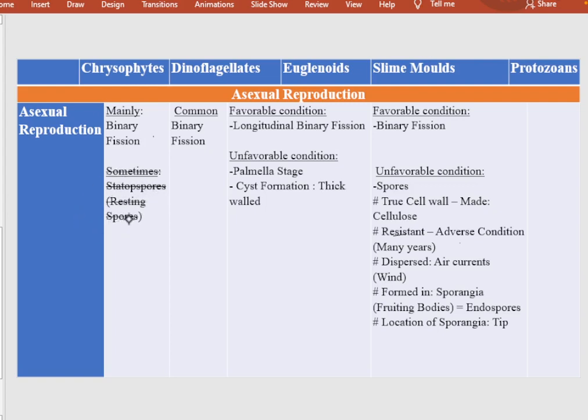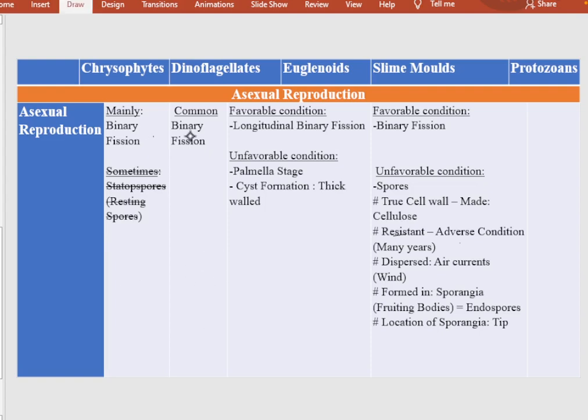Unfavorable condition will come, spores. Favorable condition, binary fission, like bacteria only. Dinoflagellates also binary fission. Euglena is longitudinal binary fission, heart shape, yes or no? So longitudinal only, you can remember like this.